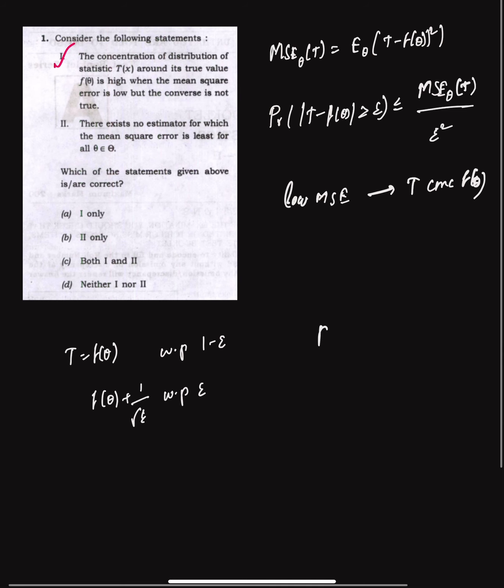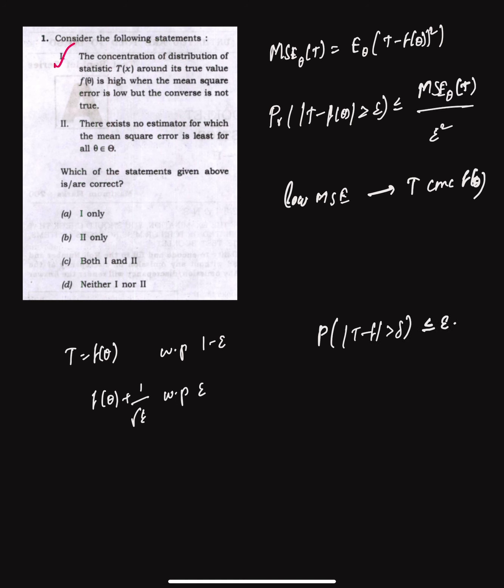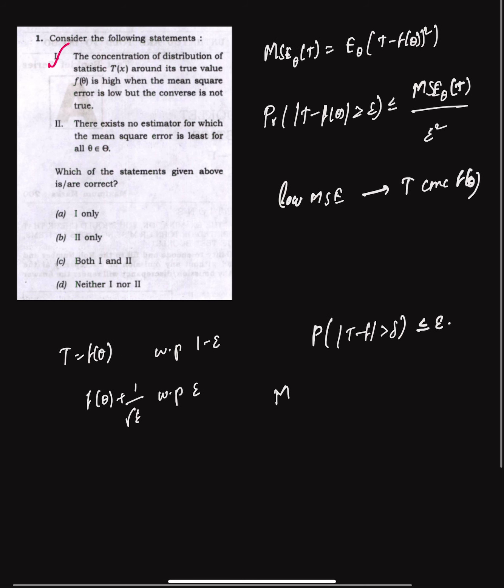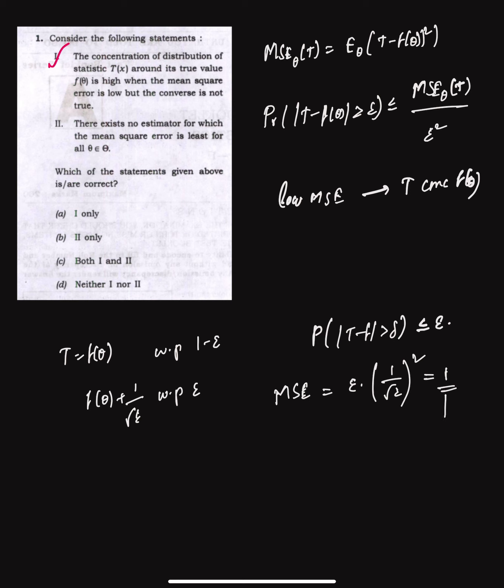So if I find probability of |T minus f| greater than delta, this is less than or equal to epsilon, so this can be made very small, which means highly concentrated, while the MSE would be epsilon into (1 by square root of epsilon) whole square, which is nothing but 1. So that is not small, therefore statement 1 is true because the converse is not always true.